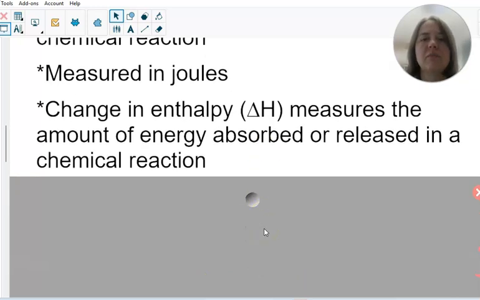And we're always talking about not the absolute amount of enthalpy, but the change in enthalpy, and it is delta H. I don't know why, E was already taken for energy. So the change in enthalpy, or delta H, measures the amount of energy absorbed or released during a chemical reaction.